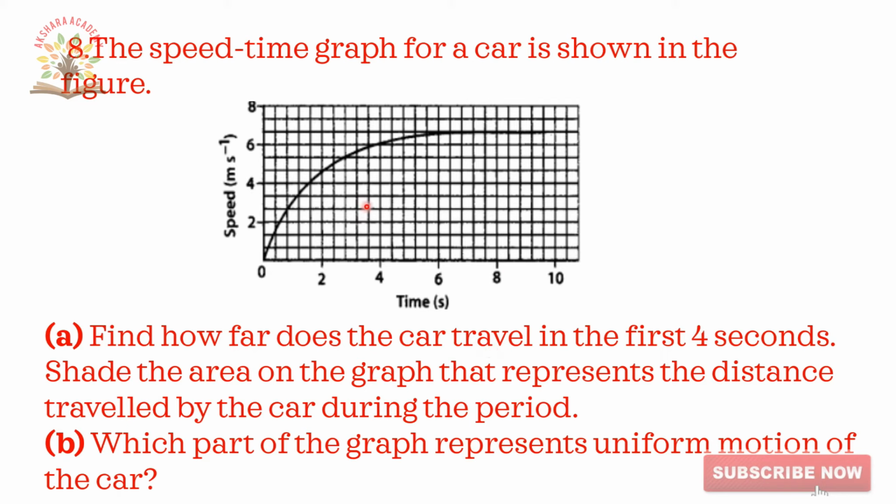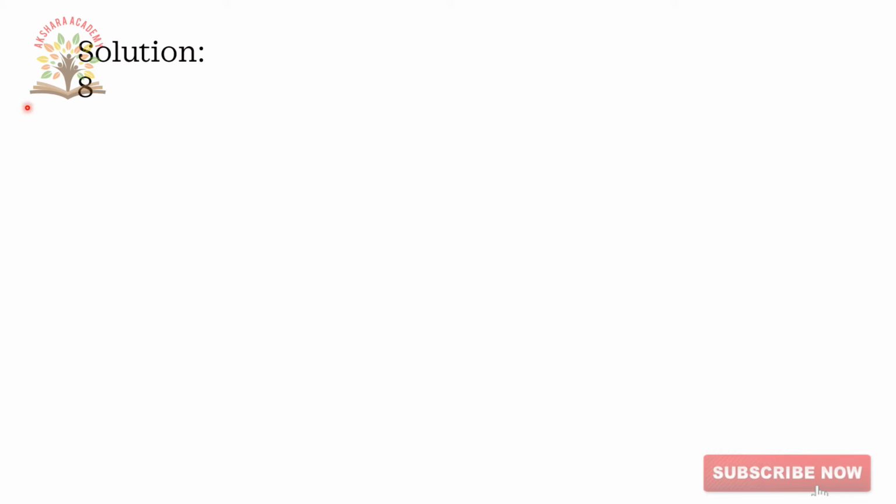See here, this is the graph in between speed and time. Here 0, 2 seconds, 4 seconds, 6, 8 and 10 seconds are given in the time, and corresponding speed values 2, 4, 6, 8. We'll go to the solution of our A. Find how far does the car travel in first 4 seconds. Let us go to the solution.